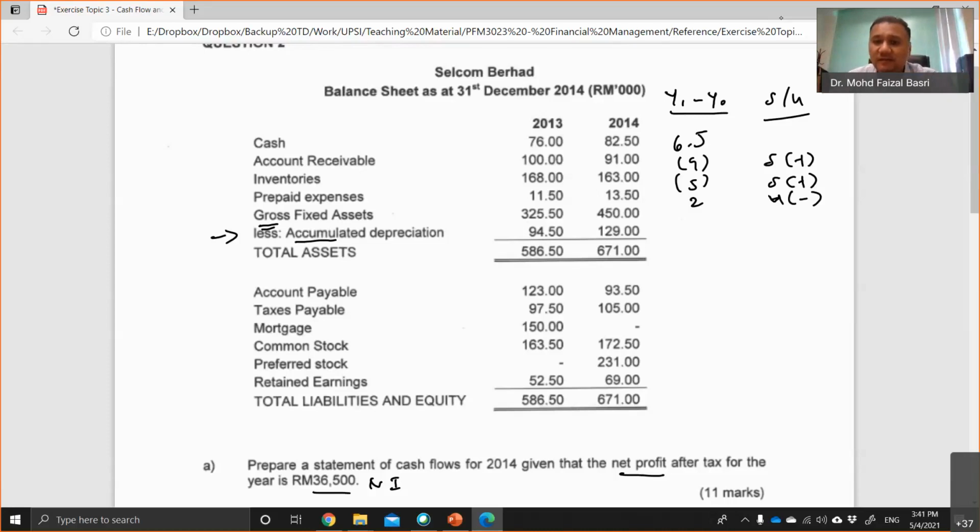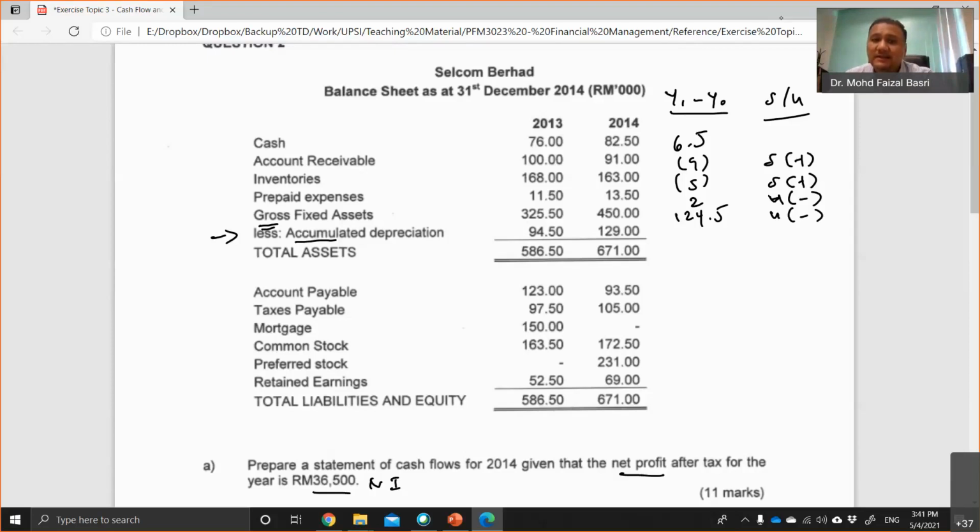450 minus 325.5, so we have 124.5. And since it's an increment, it will be users. Then we have depreciation. As I mentioned earlier, we don't have depreciation in the income statement, so we need to use balance sheet depreciation.